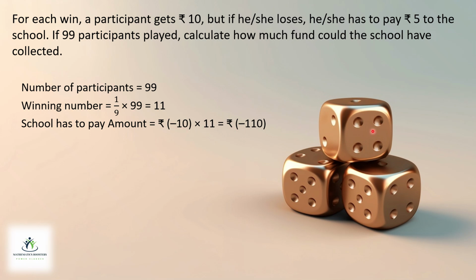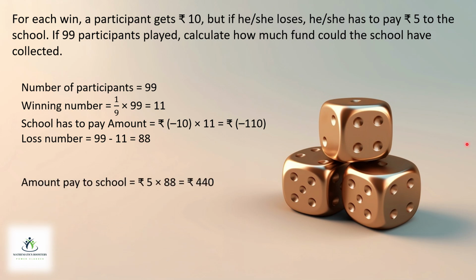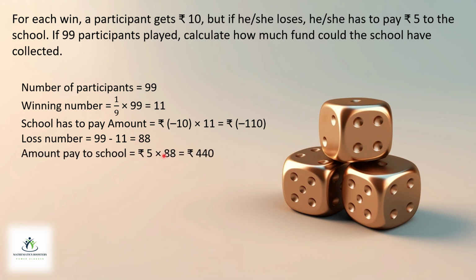Negative 10 into 11 is negative 110. अब कितना वो लूज करेगा? अगर 11 वो जीत रहा है तो 99 टोटल माइनस 11, 88 टाइम्स वो हारेगा. नाउ जब वो हार रहा है तो उसको पे करना है 5 रुपीज. 5 into 88, that is 440. तो स्कूल के पास कितना अमाउंट कलेक्ट हुआ? 440 माइनस जो उसको खुद पे करना था स्कूल को, दैट इज 330 रुपीज.